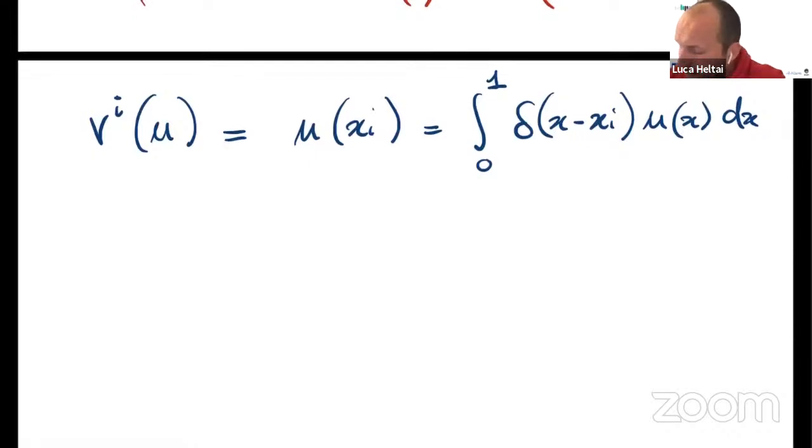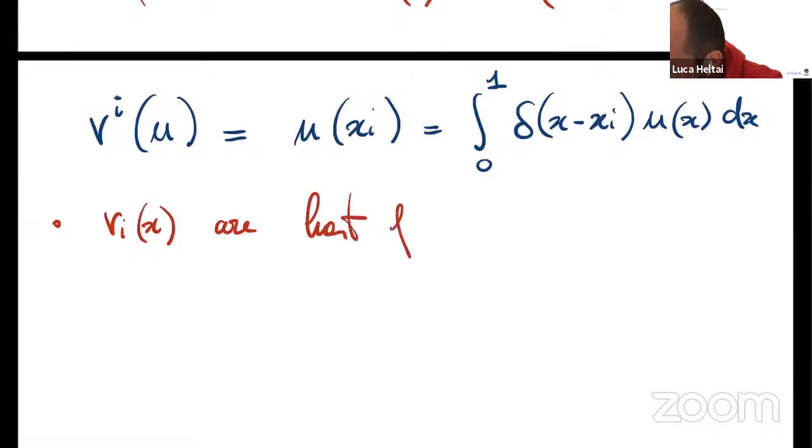Okay, and now the basis functions as we have constructed, so v_i of x, are the so-called hat functions.